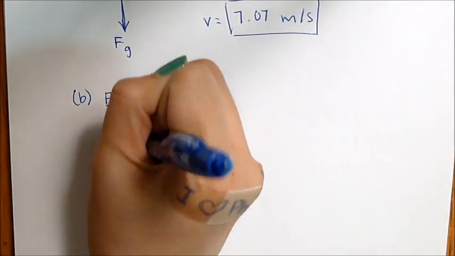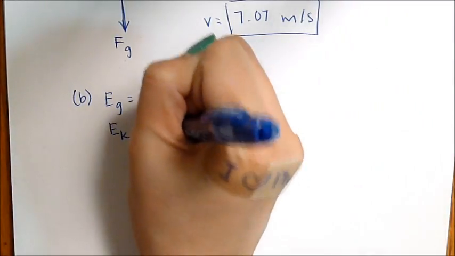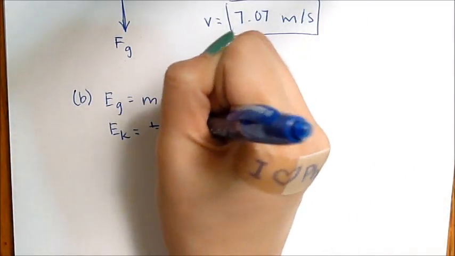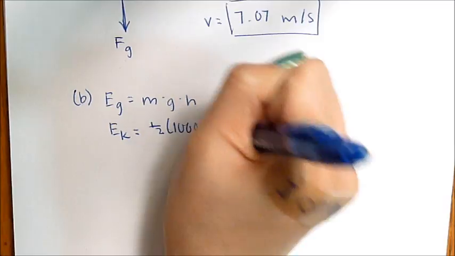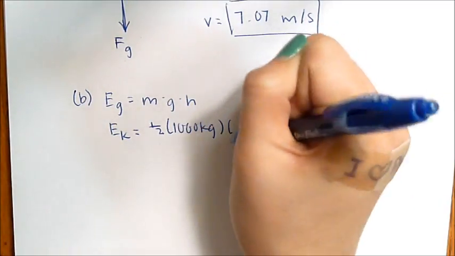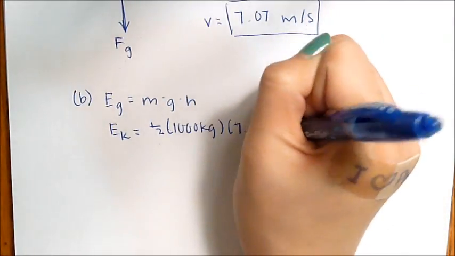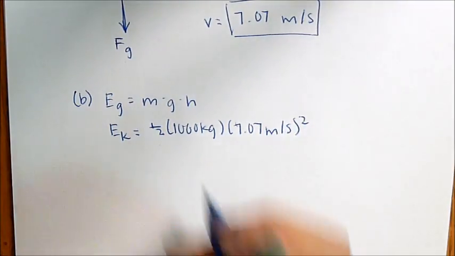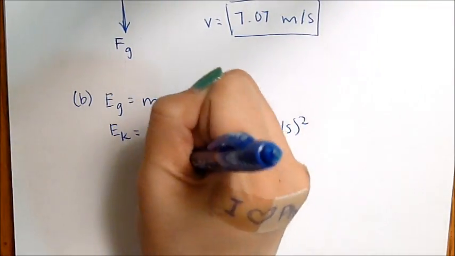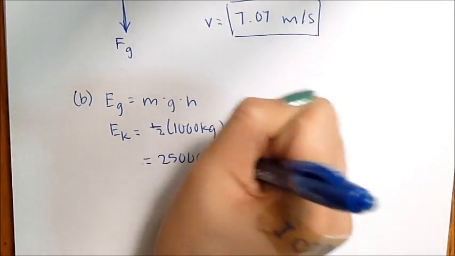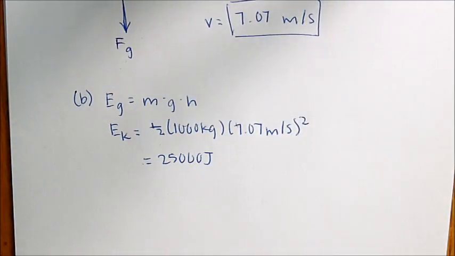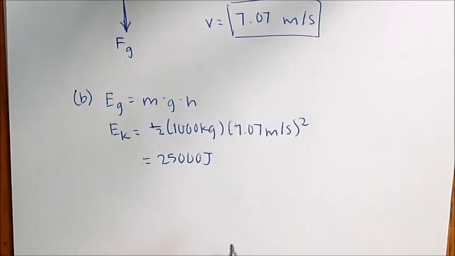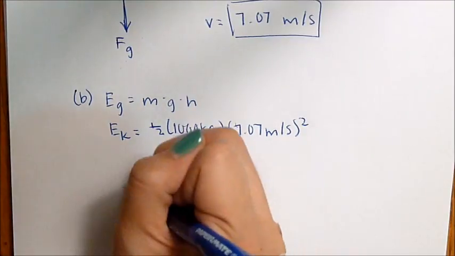You know that the kinetic energy at that point was 1/2 times the mass times the velocity squared, so 7.07 meters per second, that quantity squared, and that equals 25,000 joules.